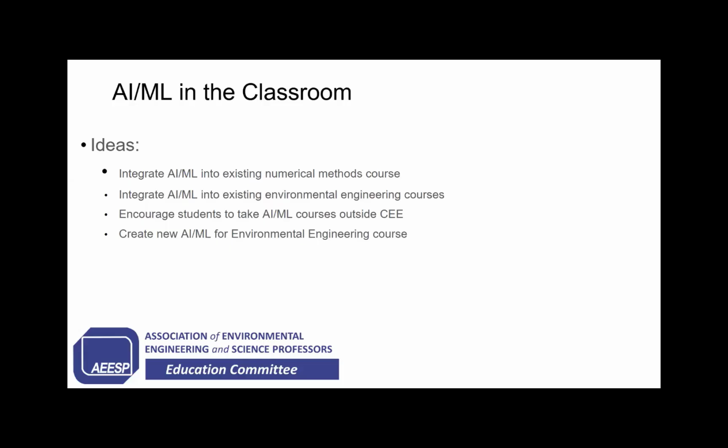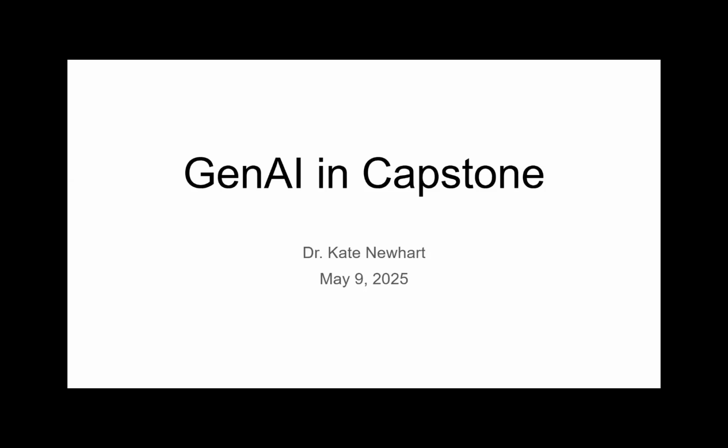Maybe we encourage students to take courses outside of civil and environmental engineering, or what would it look like if we created our own AI machine learning course just for environmental engineering students. So I'm excited to learn from the different panelists of the different approaches they decided to take to figure out how we can give environmental engineering students these needed skills that they'll need in their work.